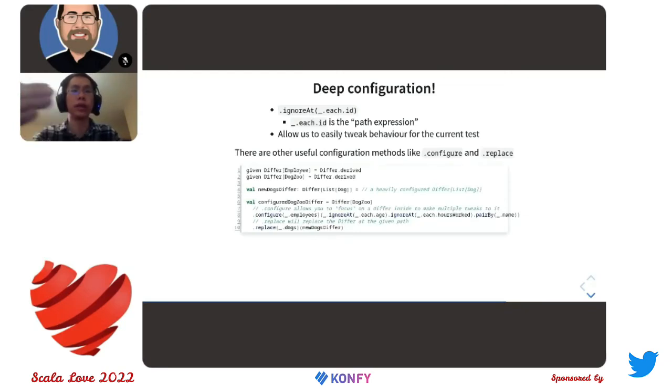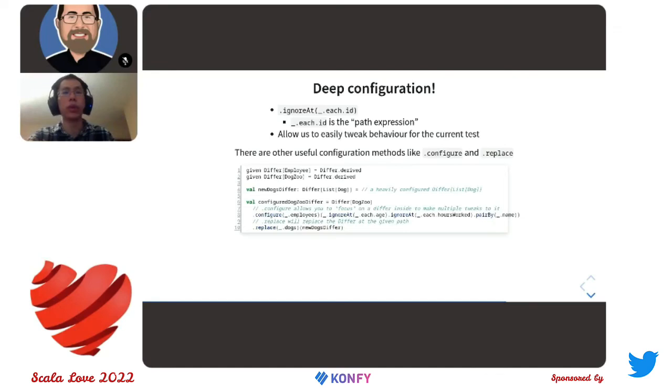And then on line 6, we can summon our default dog zoo differ, and we start configuring it, right? First of all, when we are diffing employees, we want to ignore their age. We want to ignore the hours worked, and also want to make sure that we pair the employees by name so that we get a nice diff, just in case they're out of order.